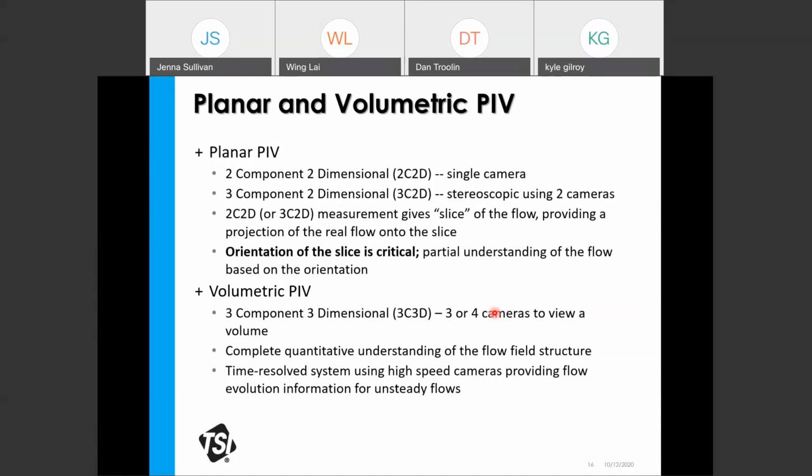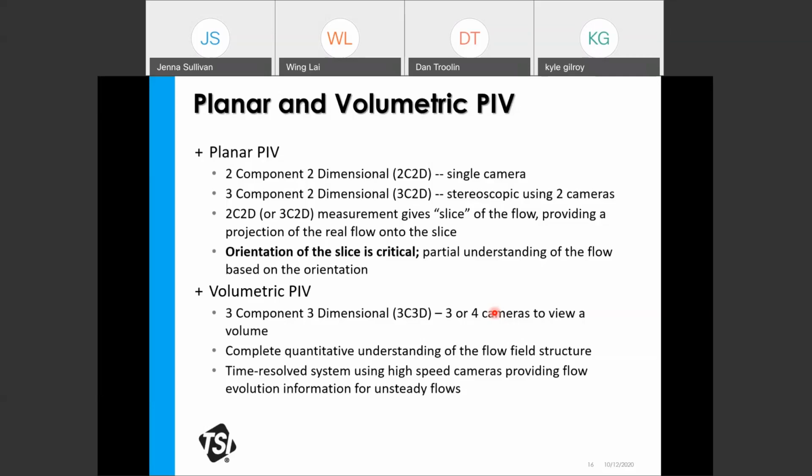Depending on the laser light illumination, we can have the laser light in a sheet, in a plane, so that in that case we get the planar PIV type of arrangement. Or if we have the lasers in a volumetric illumination, we are able to illuminate the entire volume to get all the velocity components from that volume.